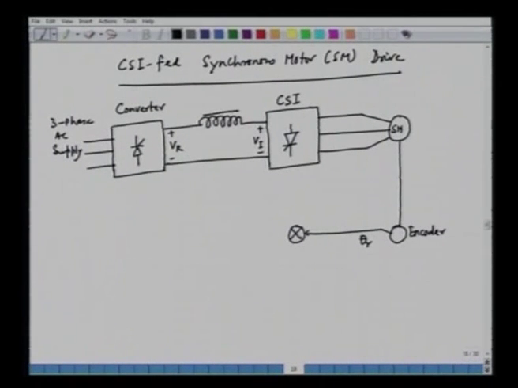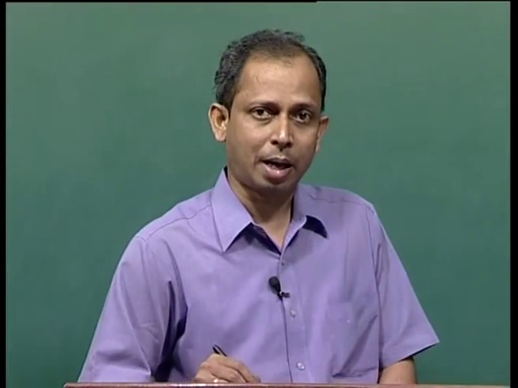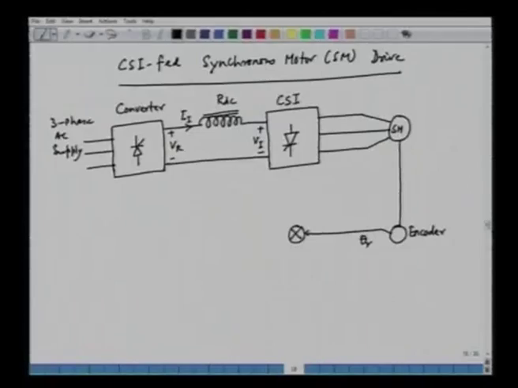We have a large choke here, and this choke is having a resistance of RDC, and this is II, the current which is being supplied from the converter to the inverter. So, we can call this the inverter input current II, and here in the synchronous machine we have three different phases.